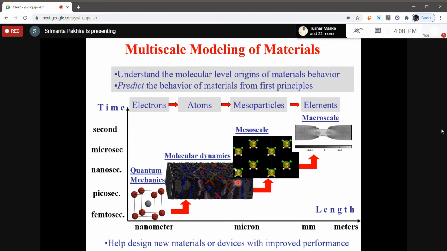After that, when the system size increases along the x-axis, to the order of micron to millimeter, we try to use the mesoscale method, where a mesoscale particle, a group of atoms, is generally considered. And when the length increases further, there is another method called the macroscale method, where we use finite elements. With these methods we can predict the behavior of the material from first principles.